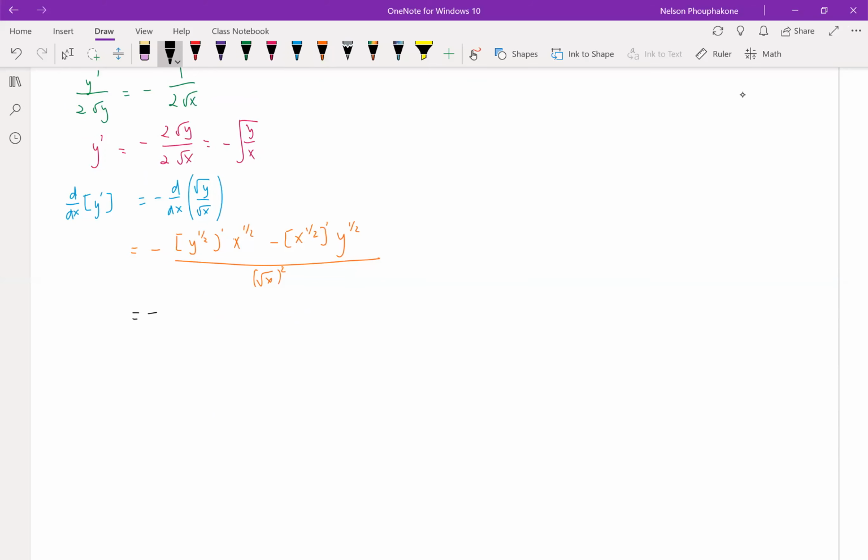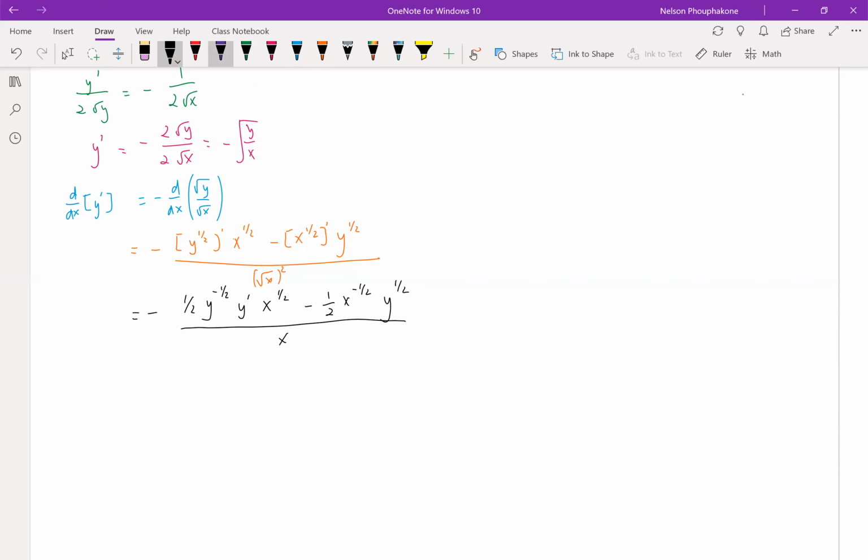Now remember, this negative is negative of the whole thing. So I will have 1/2 y to the negative 1/2 y prime x to the 1/2 minus 1/2 x to the negative 1/2 y to the 1/2 over x.